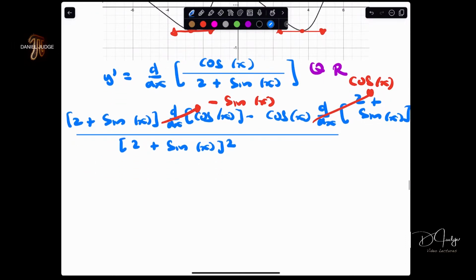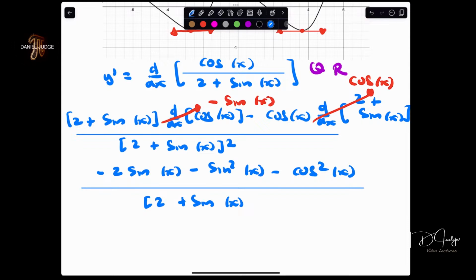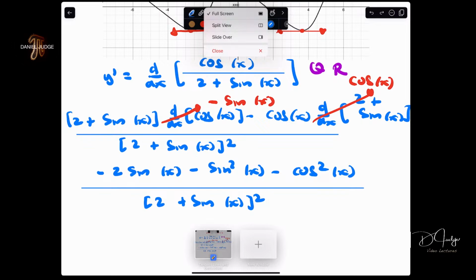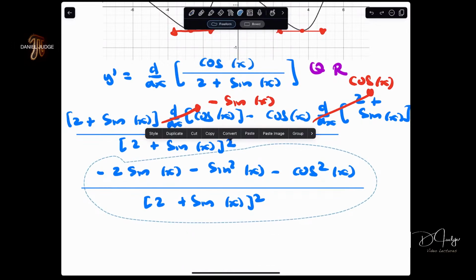So, ladies and gentlemen, we're going to get negative 2 sine x minus sine squared x minus cosine squared x in the numerator. And this will be 2 plus sine x in parentheses squared. So I just got y prime. I'm going to move this over.